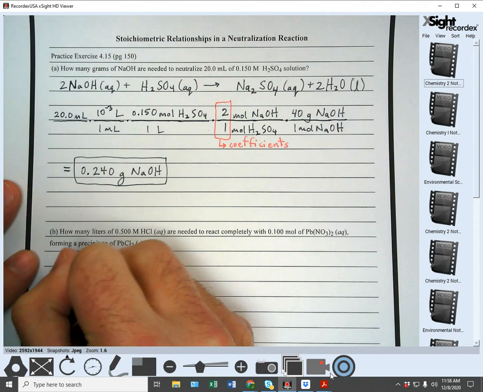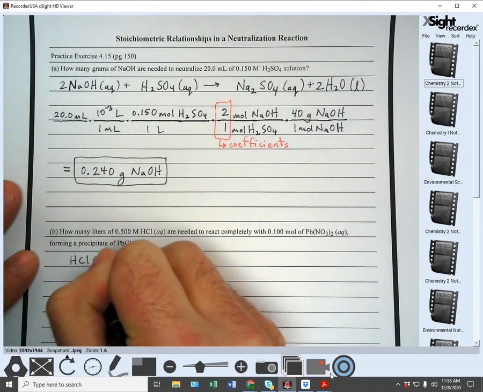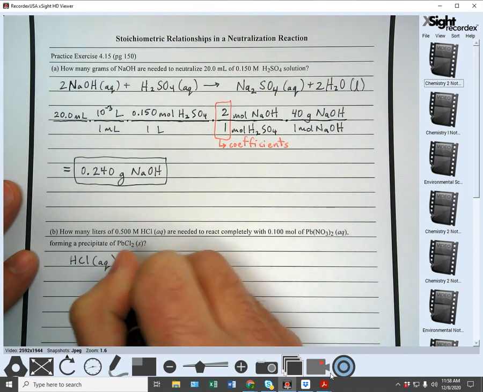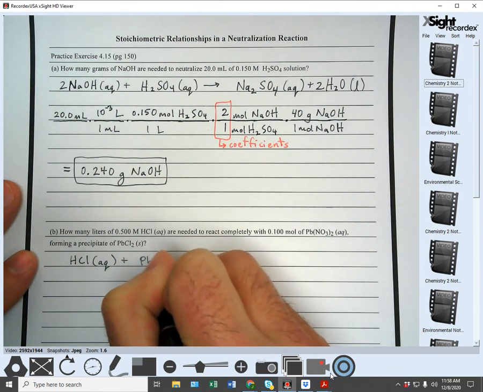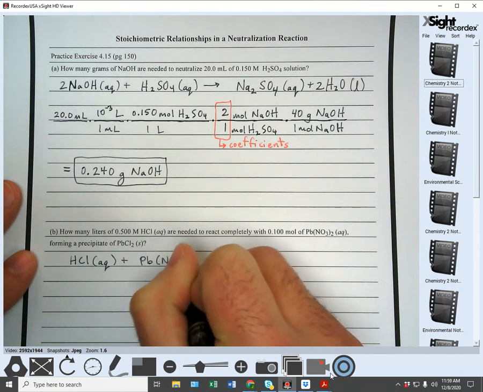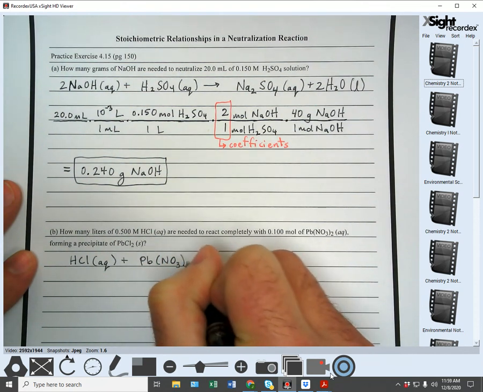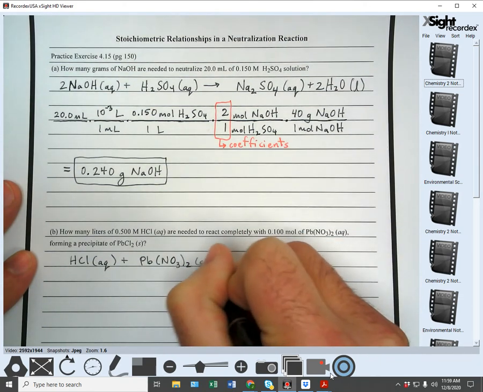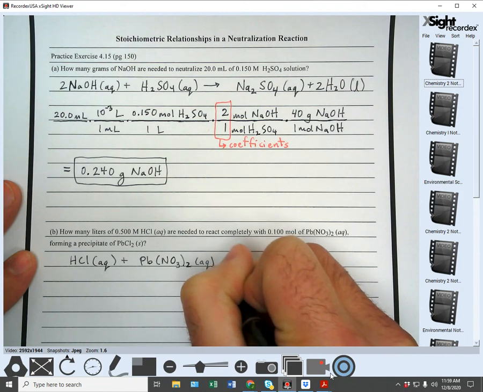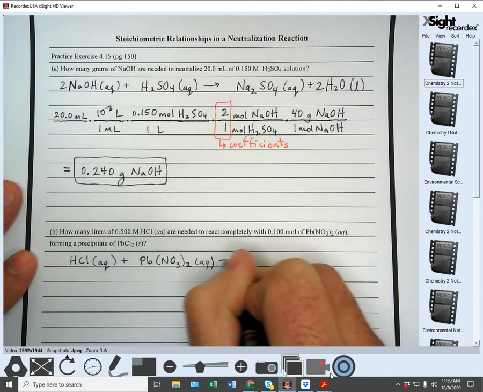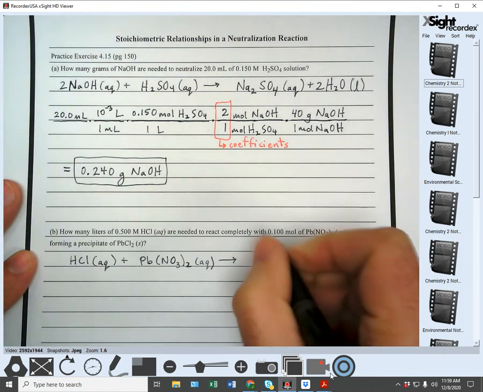HCl needed to react with Pb(NO3)2 aqueous, forming PbCl2.